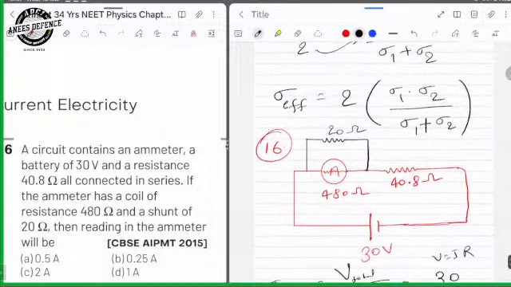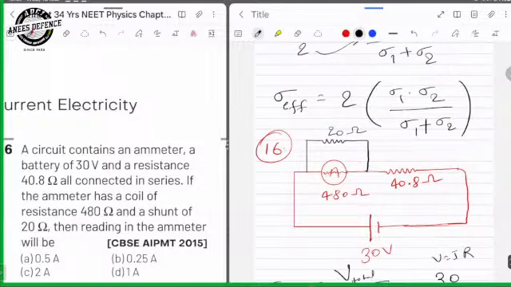How do you calculate R total? Listen carefully. When two resistors are connected in parallel, the net value is product upon addition. So 20 into 480 upon the addition, 480 plus 20, how much? 500. Right? Double zero cancels.